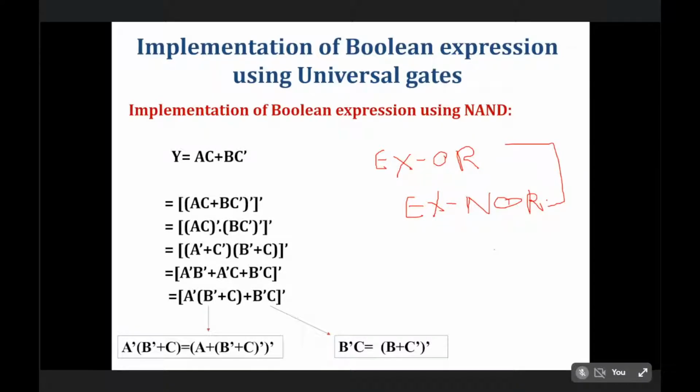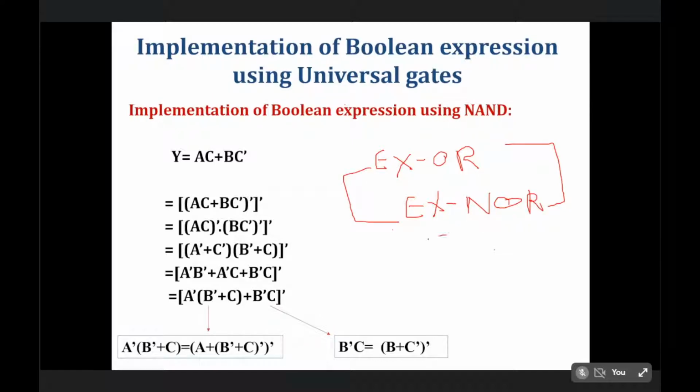For example, some data is coming and we want to check whether two data are equal or not. For that purpose we require the exclusive OR or exclusive NOR gates.